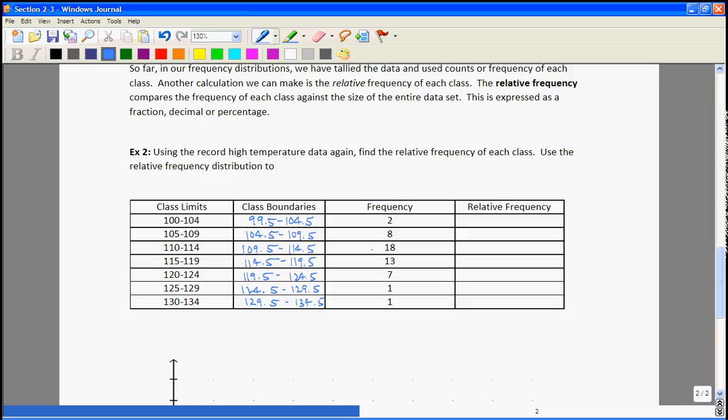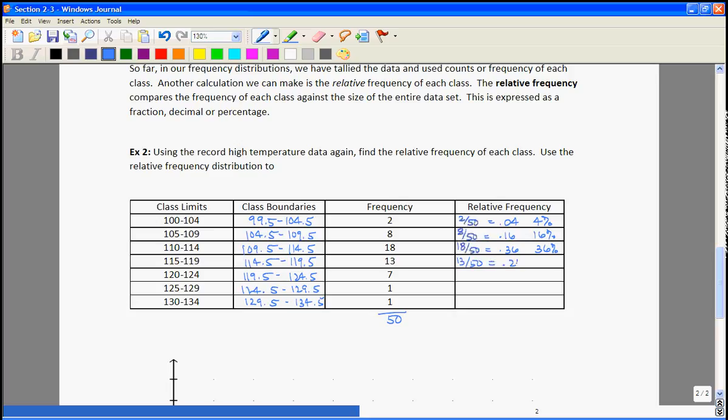What we're going to do now is compare each frequency to the total. Well, we know that there are 50 states, so our frequencies should sum to 50. For each frequency, I'm going to take it out of 50. So 2 out of 50 is 0.04, or 4%. 8 out of 50 equals 0.16, or 16%. 18 out of 50 would be 0.36, or 36%, and similar for the rest of our frequencies.